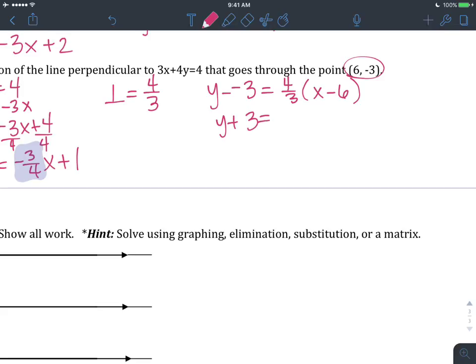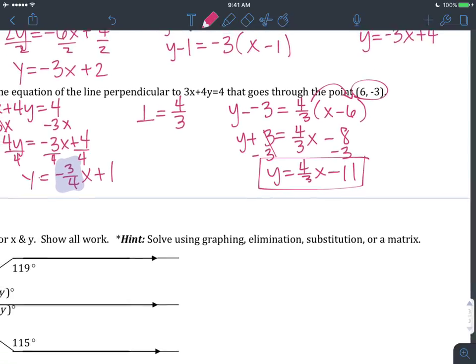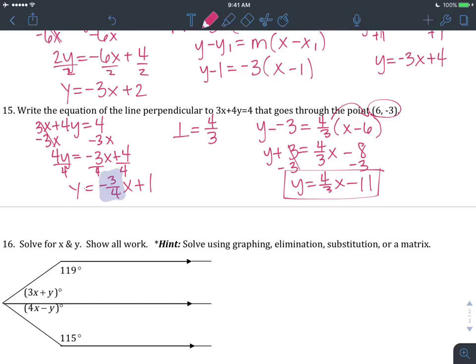So we're going to have 4/3 x, 4/3 times negative 6. You can just multiply in your calculator 6 times, in parentheses, 4/3, and you're going to get 8. And then our last step is subtracting 3 from both sides. So y equals 4/3 x minus 11. And that is the equation of the line perpendicular to the original one.